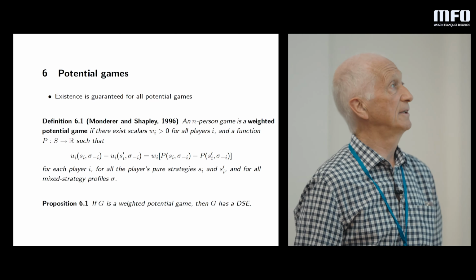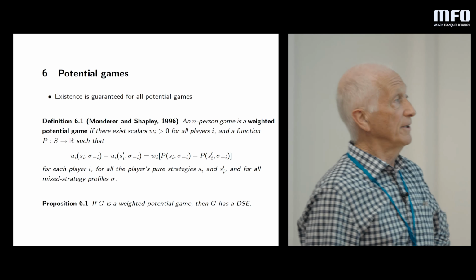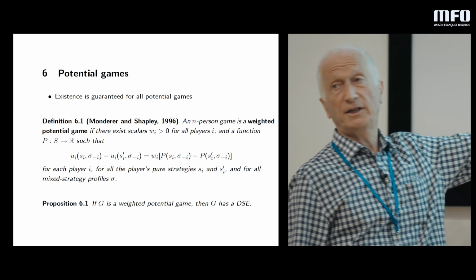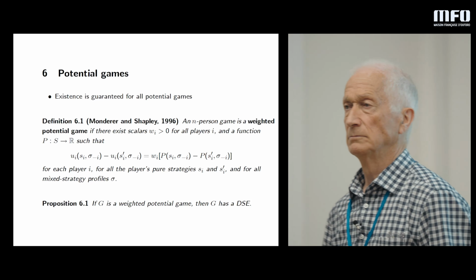So these are weighted potential games, if you can find such a function P. Now, one can show that if G is a weighted potential game, then there exists at least one detection stable equilibrium. Does it maximize the potential?